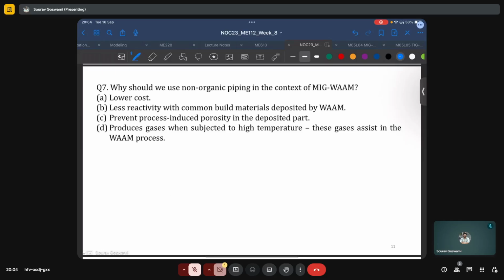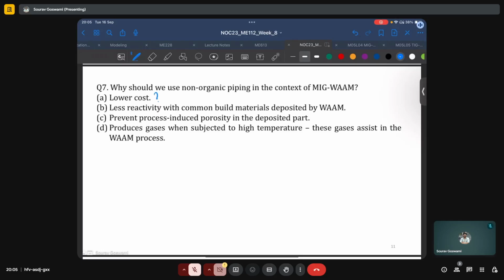Will non-organic piping have lower cost compared to organic piping? We do not really have an objective answer to this, and even then, the cost of such piping will only be a very small contributor to the overall part cost for any parts which may be built by the WAAM process. So it will not be a deciding factor. Is it because of less reactivity of non-organic piping with common build materials deposited by WAAM?